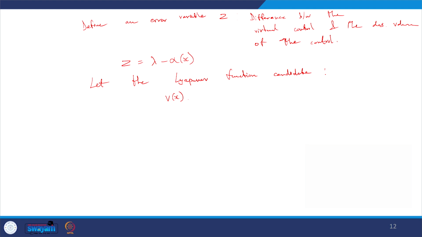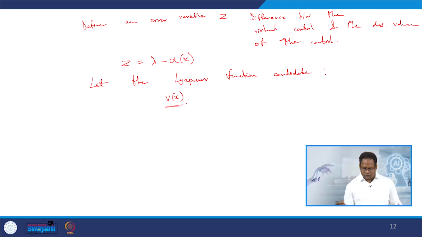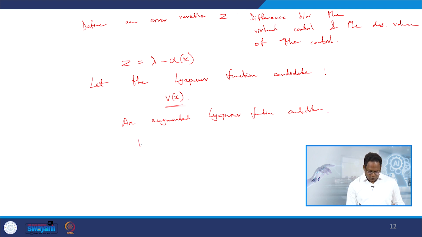In that case, let us consider the Lyapunov function for that subsystem being V of x. Let us also consider an augmented Lyapunov function candidate written as Va of x comma z being V of x plus half times z square.